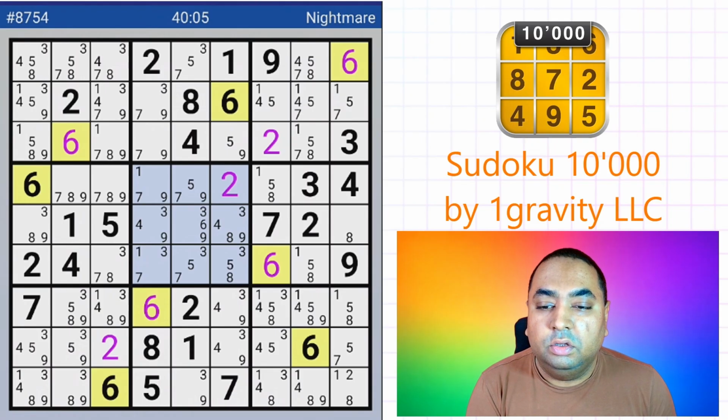Now examine block 5, where 6 can be placed. Six can be placed in the middle. So that is the position. Now we will go for the next step.